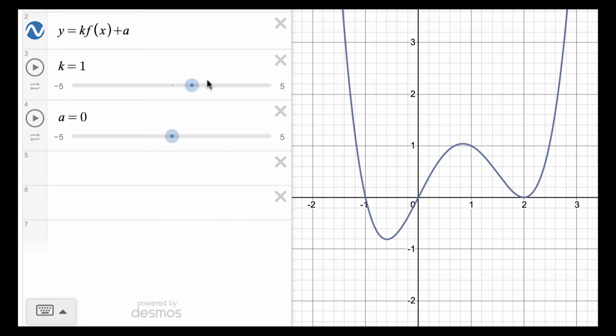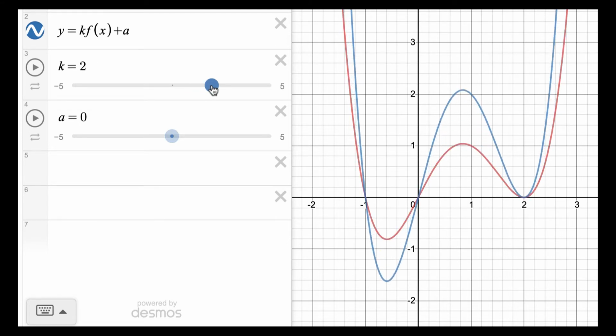So let's change the value of k. Let's increase it to 2. And you look at the graph, and you notice the graph is scaled in the y-axis direction. All the heights, or the distances of points on the graph from the x-axis, are now doubled. This distance below the x-axis has doubled to get from the red graph y equals f of x to the new graph, which is y equals 2 f of x.